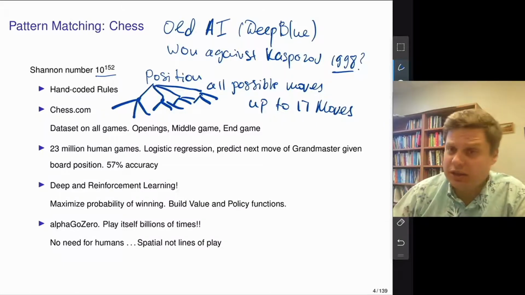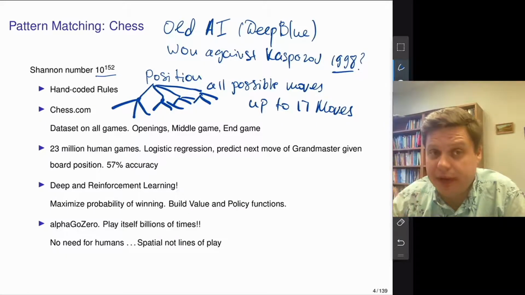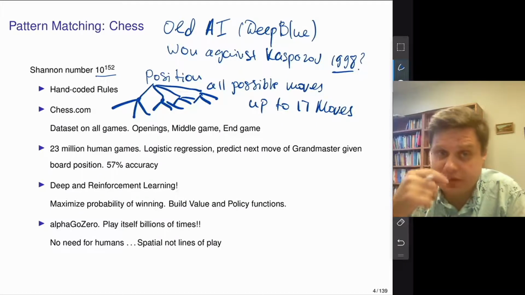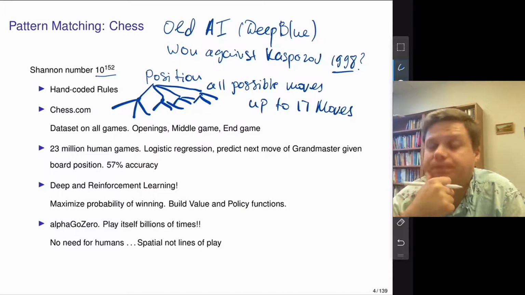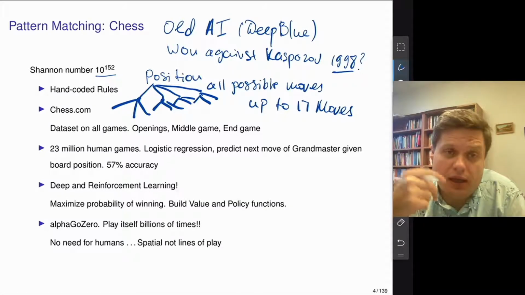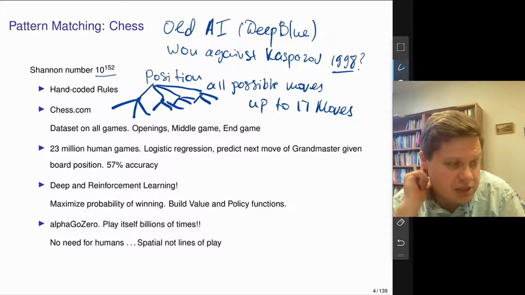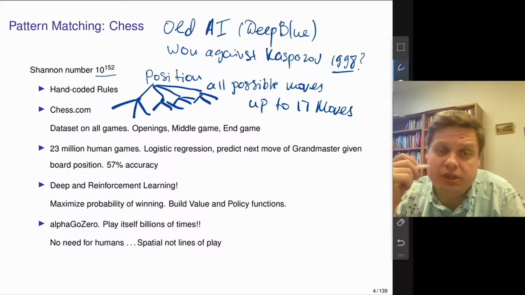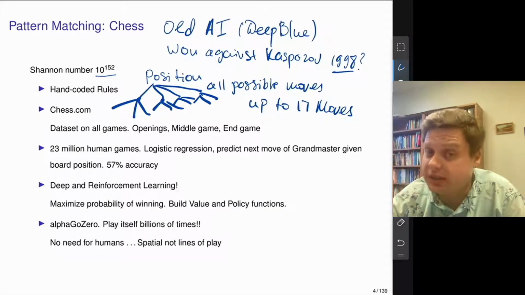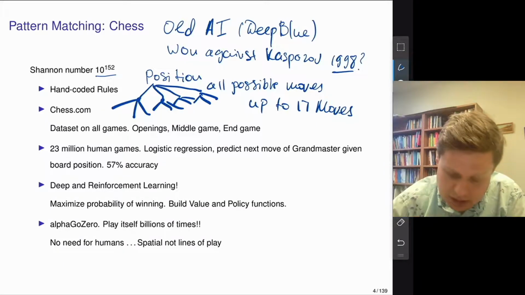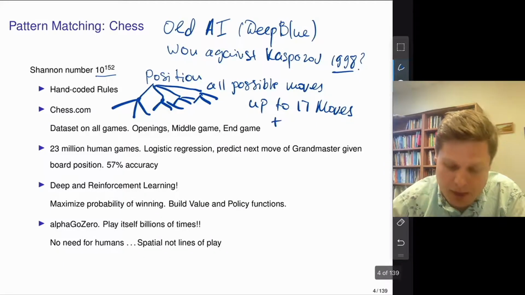But as you can imagine, the number of possible variations, so possible moves, when you try to plan 17 moves ahead is large. And the machine was not able to process this large number of moves, so the machine used what is called heuristics, or handcrafted rules. So this tree search was combined with handcrafted rules.